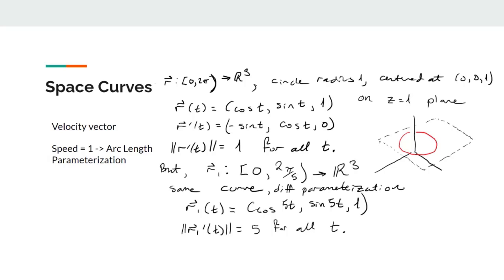Then we calculate r prime. For r prime, you just take the derivative of the components. Take the magnitude of r prime, and you'll find it's 1. So this is a special curve. We have a parameterization for this curve that has speed 1, which is also called arc length parameterization.